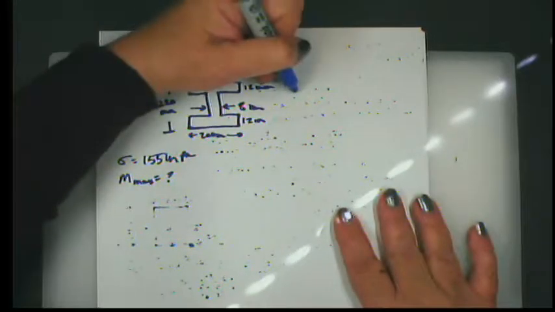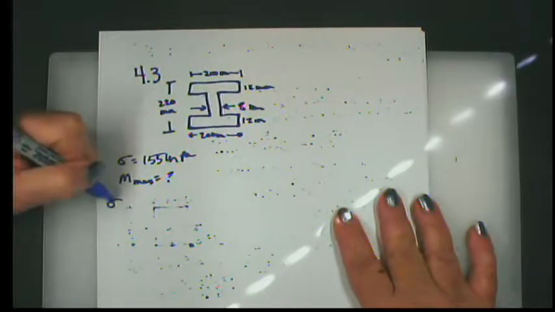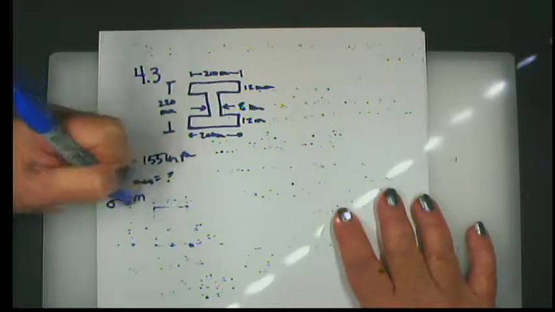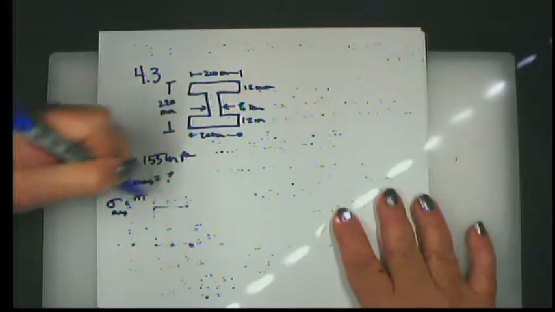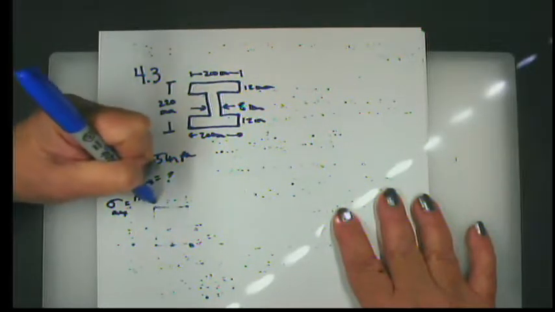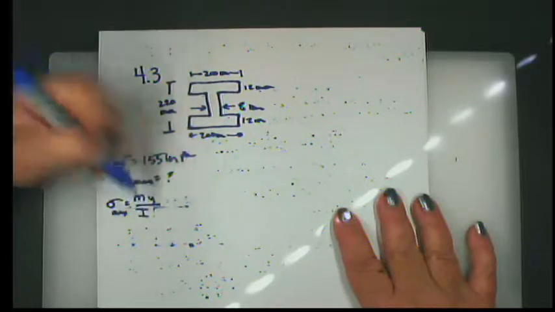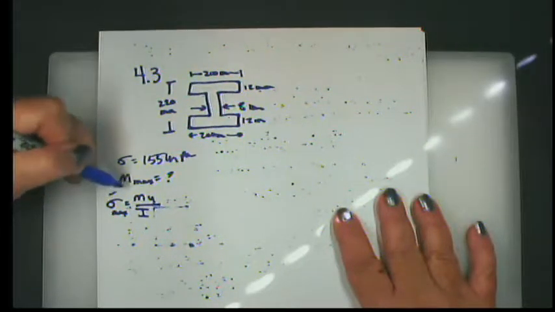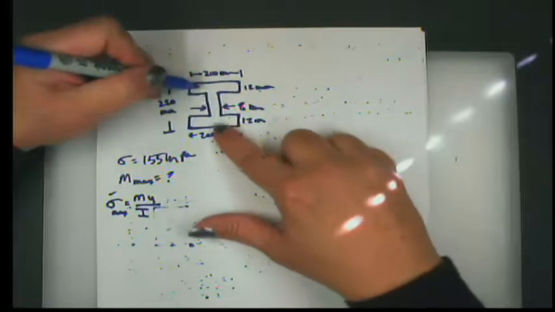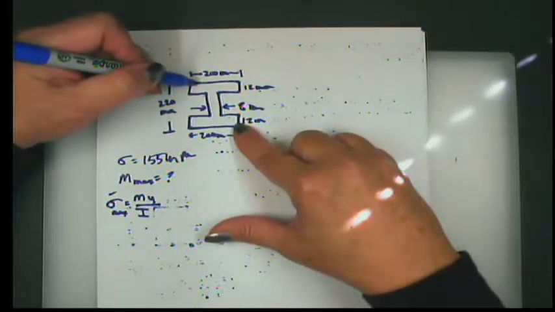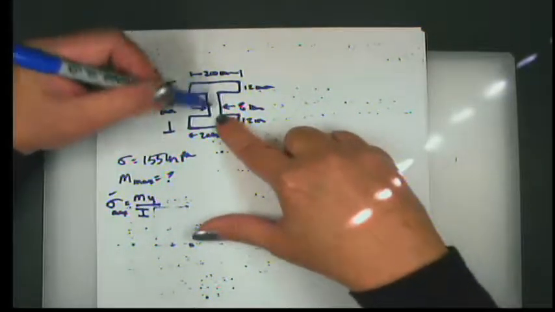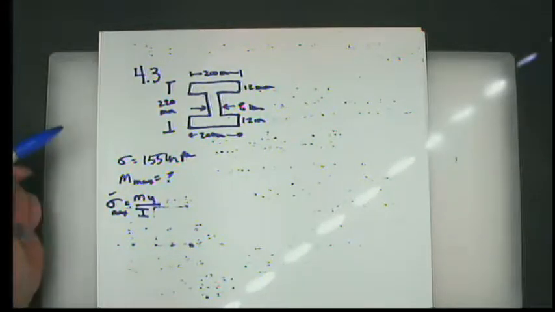All right, so I know that sigma is equal to, or let's say sigma max is equal to My over I. And I know this. I can find this. Now, if you look at this, this is symmetric, 12, 12, and then I have the web in the middle. That is also symmetric.